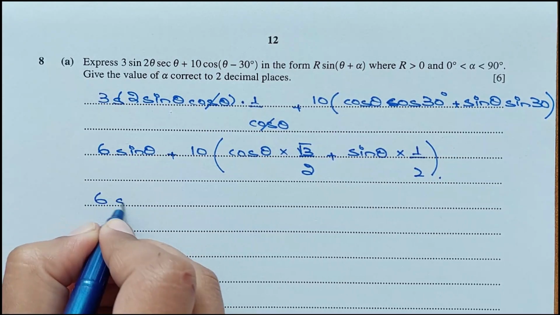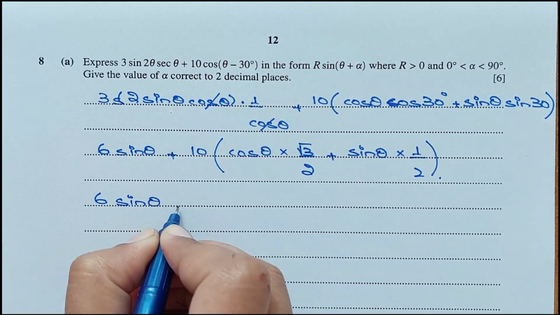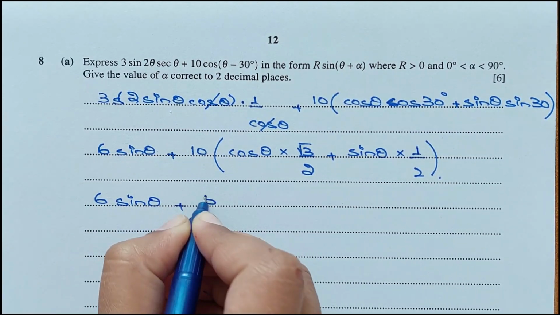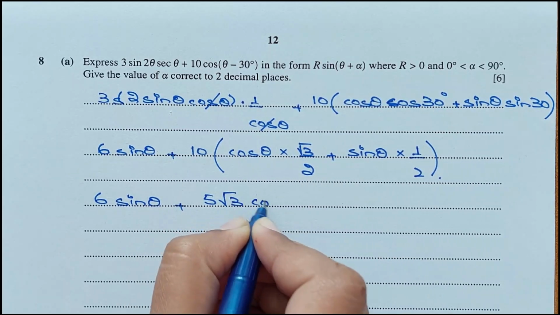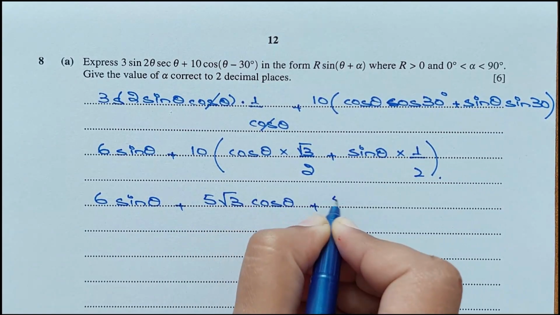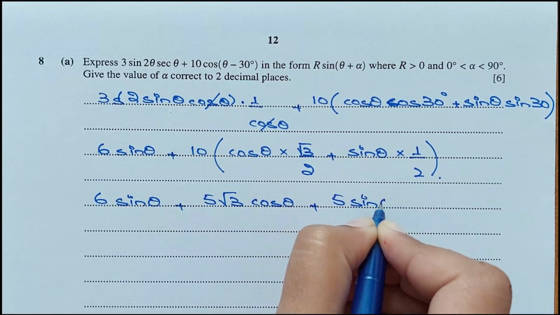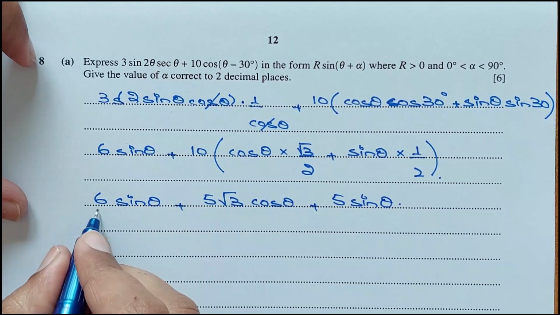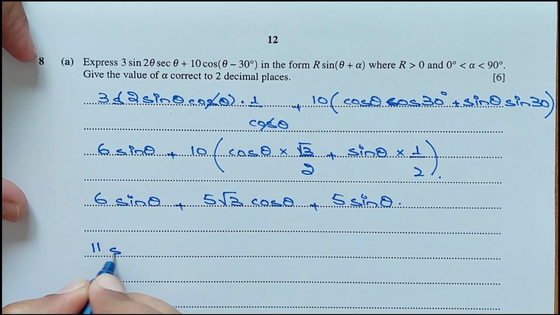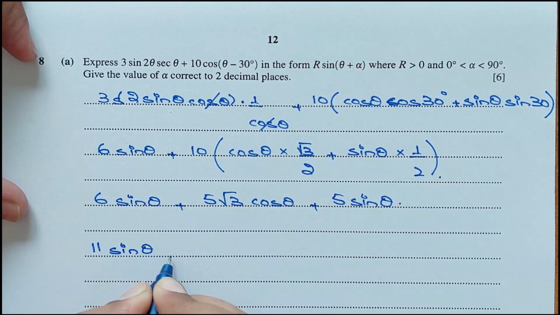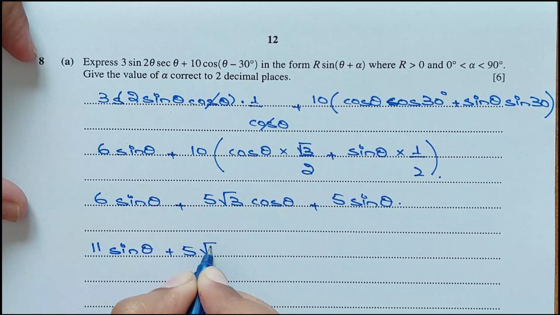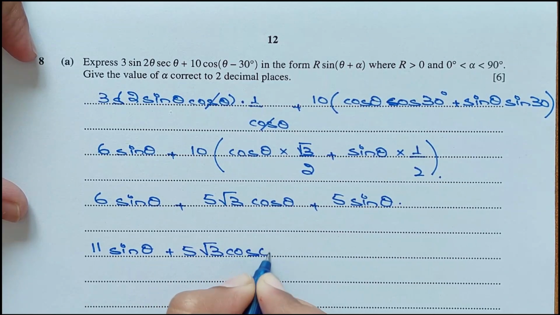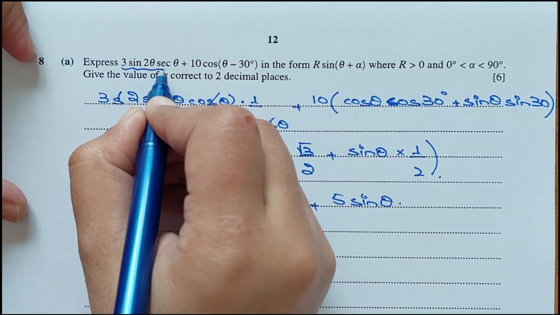Okay, 6 sin theta plus 5 square root of 3 cos theta plus 5 sin theta. Further simplification, we have 6 plus 5 would be 11 sin theta plus 5 square root of 3 cos theta. This is a simplified form of this expression.